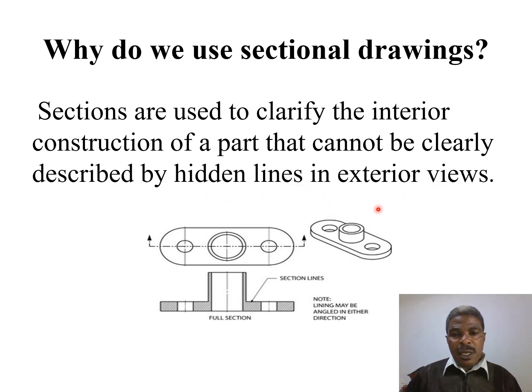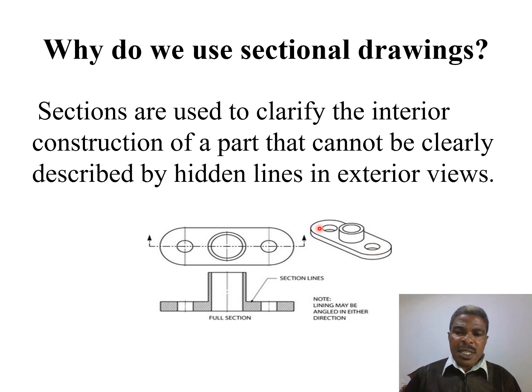When we see objects externally, we can hardly see, or we cannot see very clearly, where the lines for the object are. For example, we have this object here. This object has 3 holes.